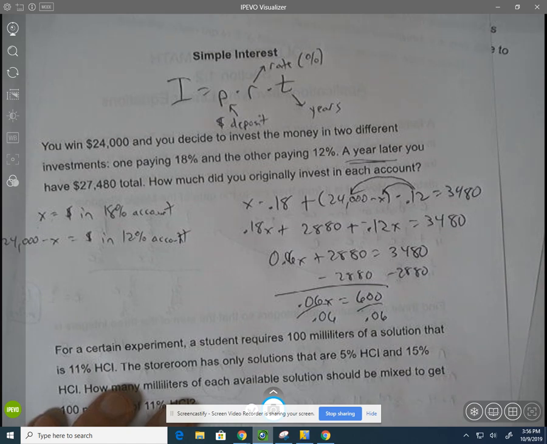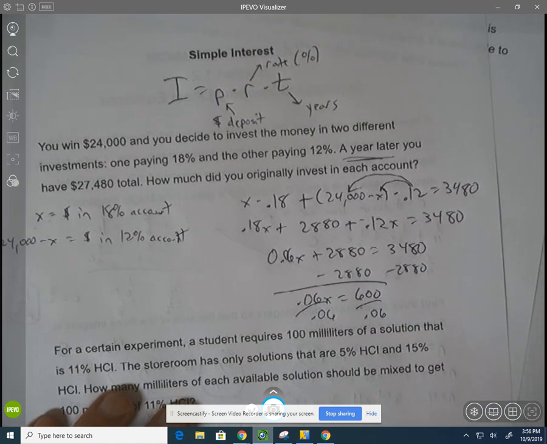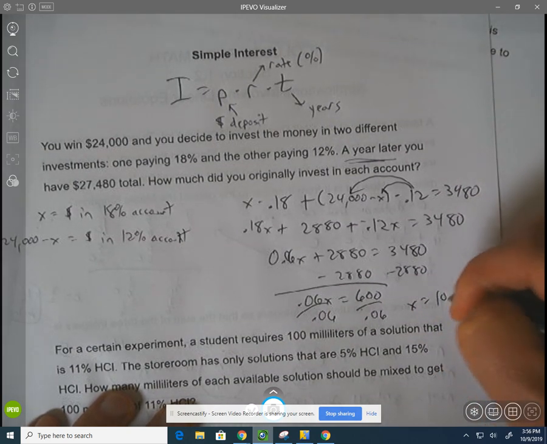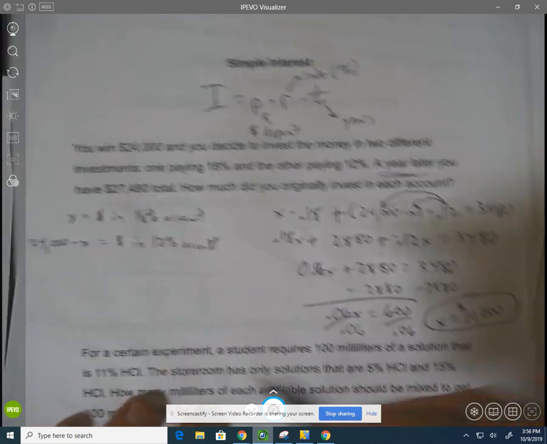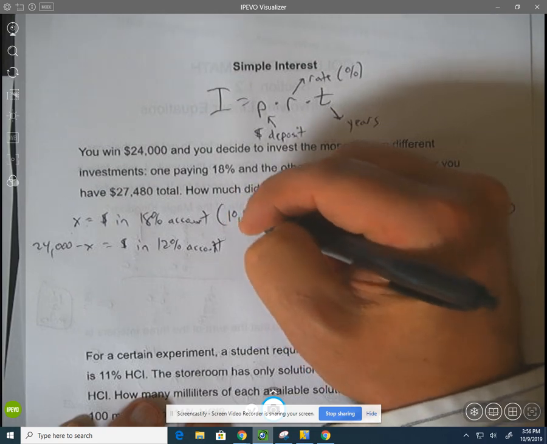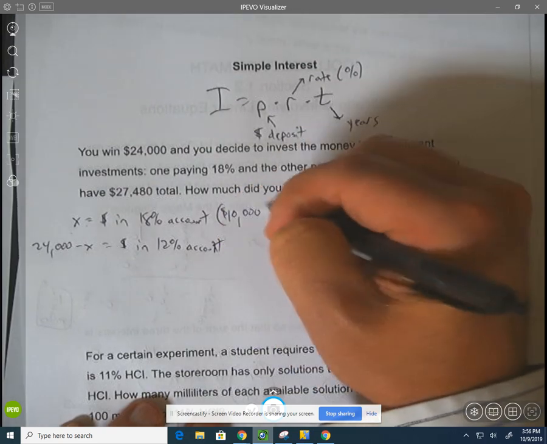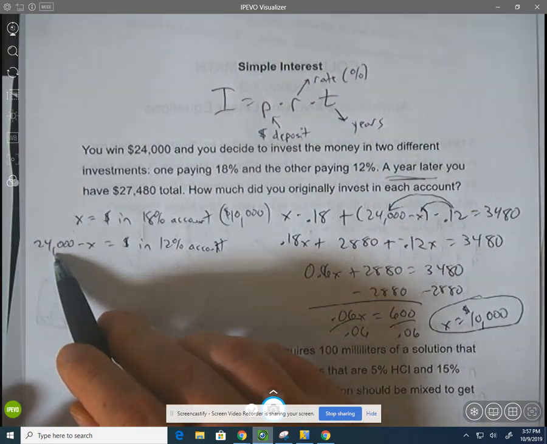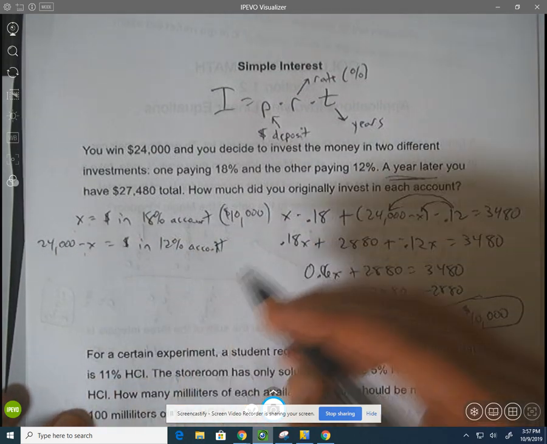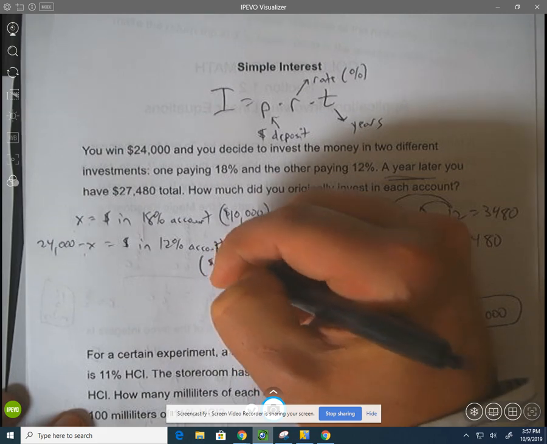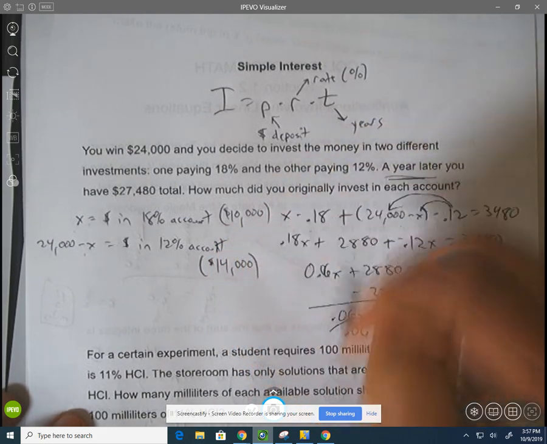And divide by 0.06 on each side. I get X equals $10,000. That's how much was in the 18% account, because that's what we let X be. And the amount of money in the other one is the rest of it, 24,000 minus X, or 24,000 minus $10,000. So that means I had $14,000 there.